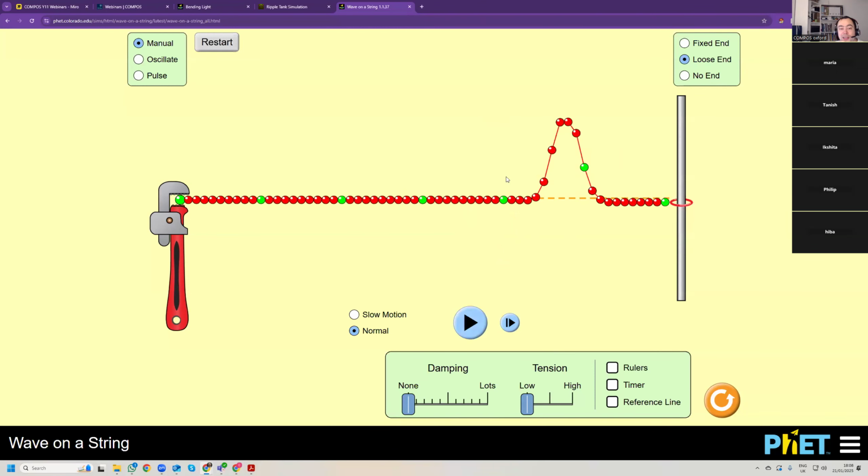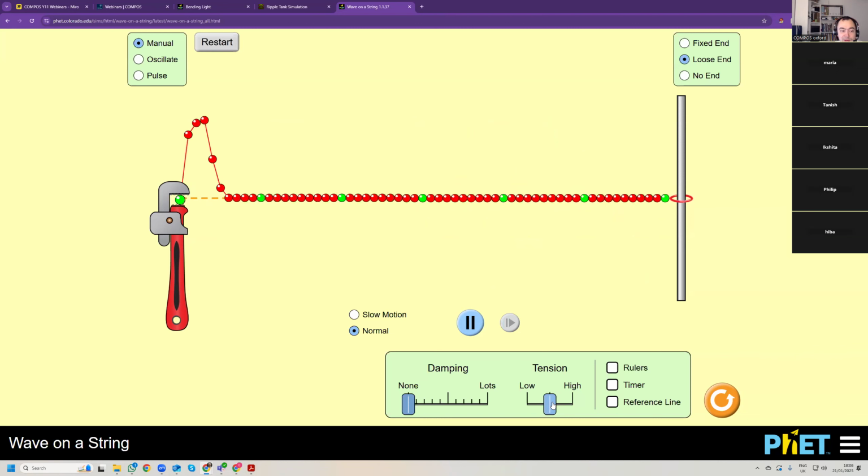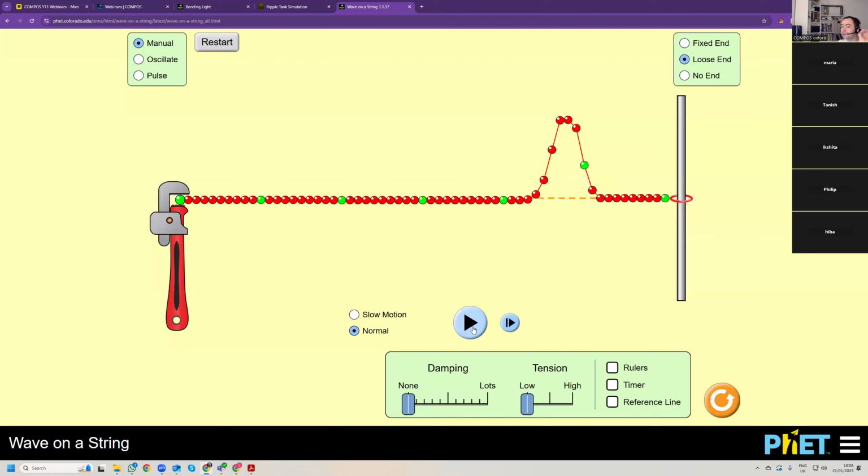So imagine there's a thin rope, half of the rope is thin, and then the other half of the rope is thick. You would see something like this. It goes fast, fast, fast, and then suddenly slows down. So waves travel differently in different media. So this is what we call refraction.